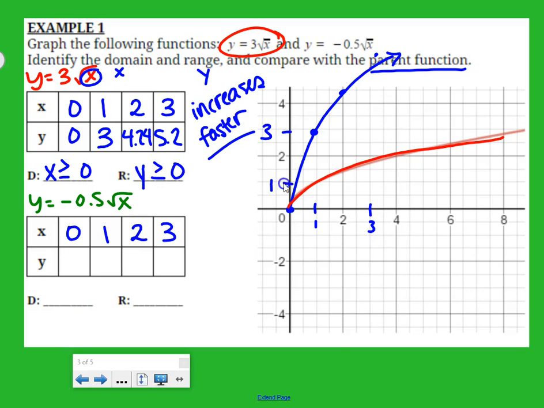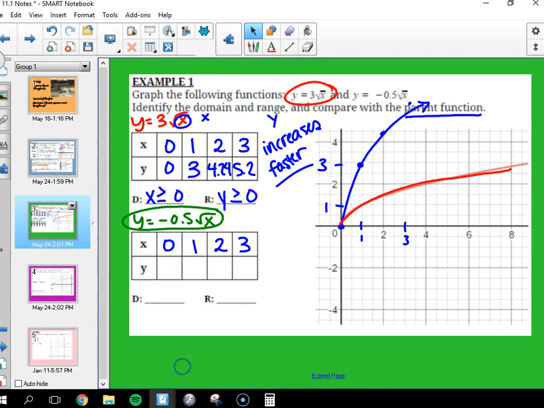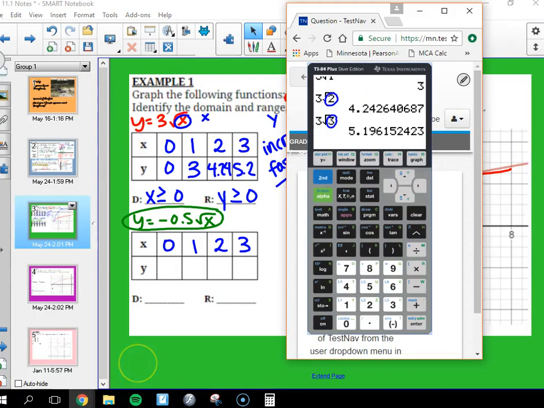Next function, same concept, except now we're plugging our x values into that function, negative 0.5 times the square root of x. So again, pull out that calculator. Type in negative 0.5 times the square root of 0, we get 0. Negative 0.5 times the square root of 1, we get negative 0.5.